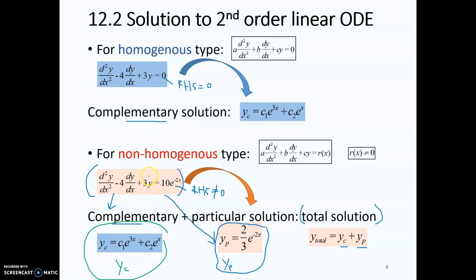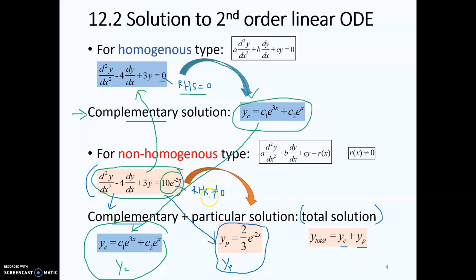You need to change the non-homogeneous into a homogeneous ODE by letting the right hand side equal 0. By doing this, if you continue to solve it, you can obtain the complementary solution. If you look at this, these two are the same answer when you let the right hand side equal to 0. So in simple terms, to find the complementary solution, you need to let the right hand side equal to 0.